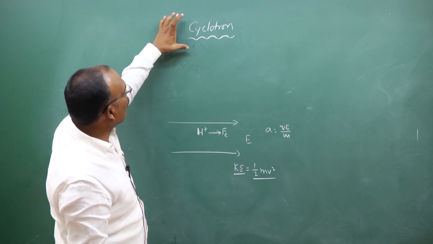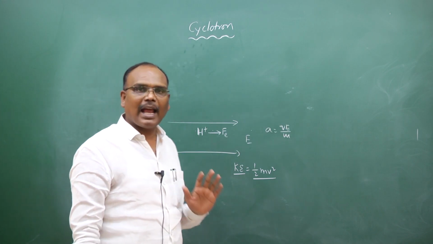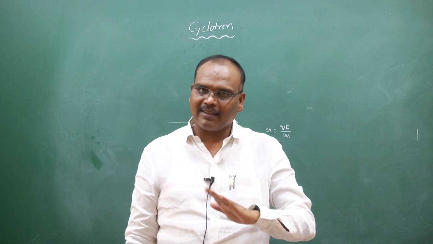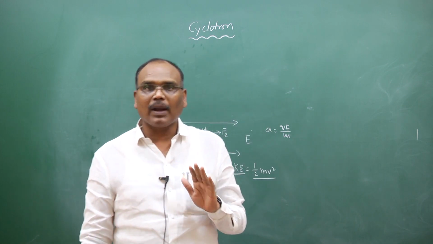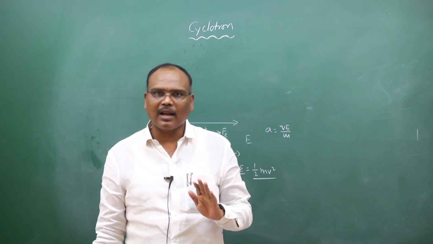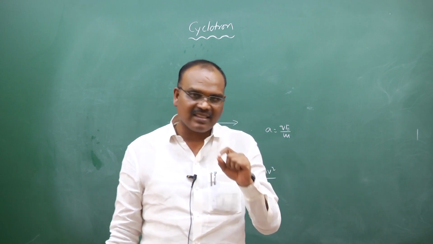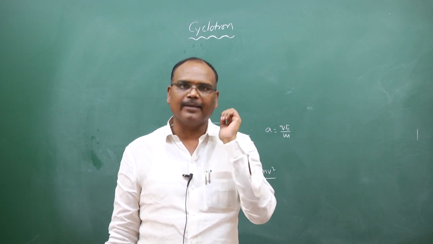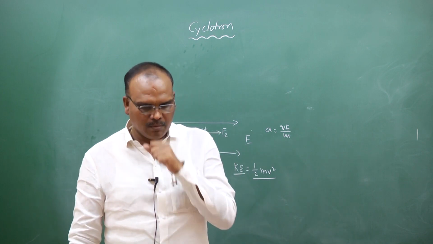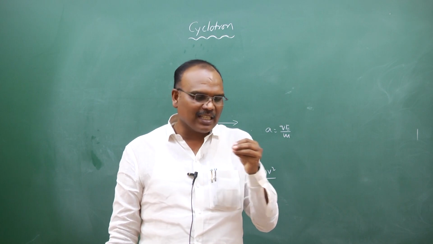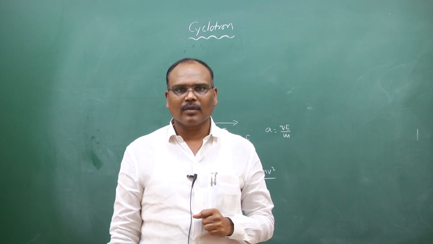In the cyclotron, we apply an electric field and a magnetic field simultaneously, mutually perpendicular. That means this ion is going to move in crossed fields. The electric field increases the speed of the charged particle.